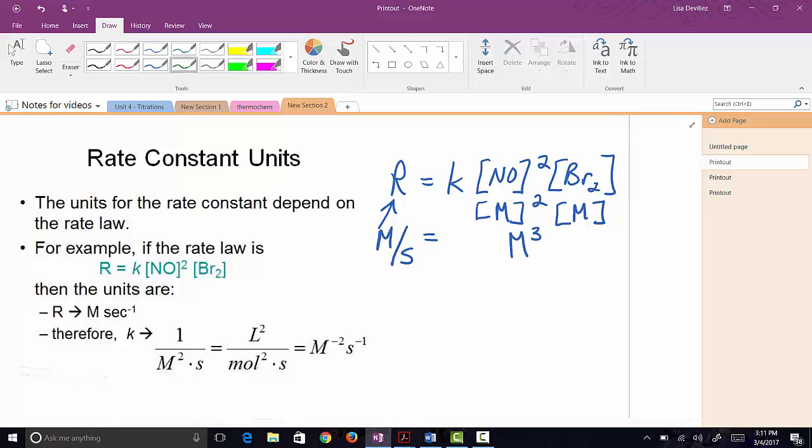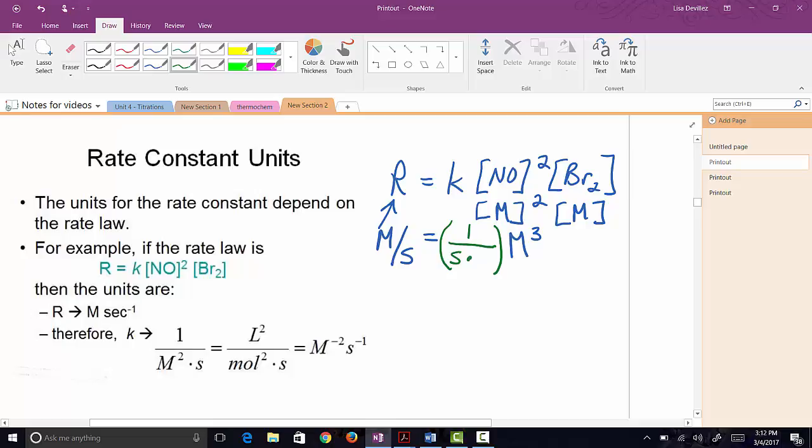So the units for K are whatever they have to be so that when I multiply the concentrations of the reactants with K, my ending unit is molarity over time, in this case molarity over second. Given that I'm multiplying K by molarities, K is always going to have a time unit in its denominator. So in this case, I have to put the second there. There's no other place for it to come from.